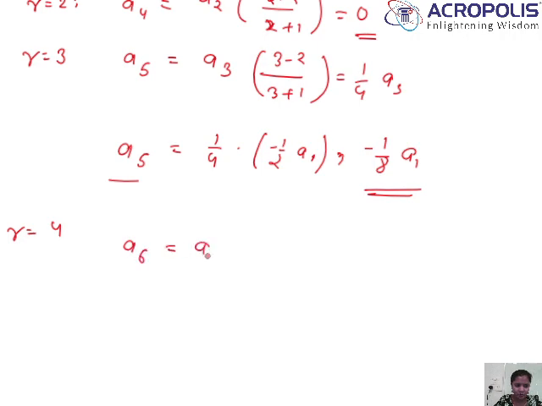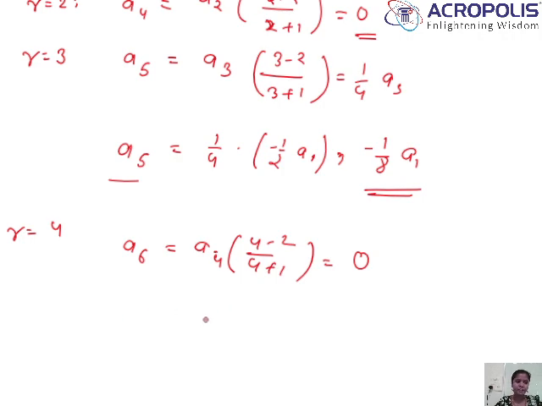Now when you substitute r equals 4, you get a6 equals a4 into (4 minus 2) upon (4 plus 1). There is no need to solve because this involves a4, and the value of a4 is 0, which we have already found. This means 0.